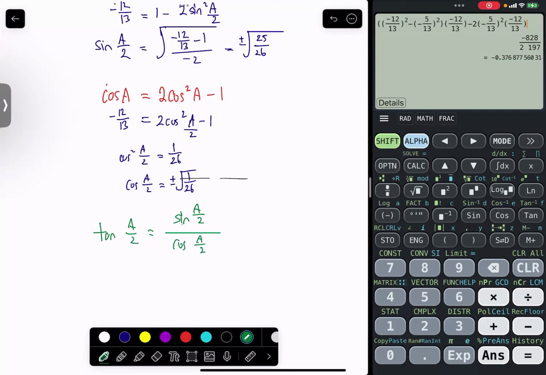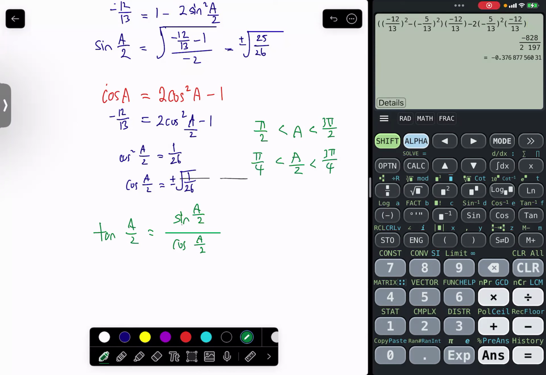Okay, now because A is in the region of less than 3 pi over 2, more than pi over 2, so A over 2 will be less than 3 pi over 4 and more than pi over 4. Right?